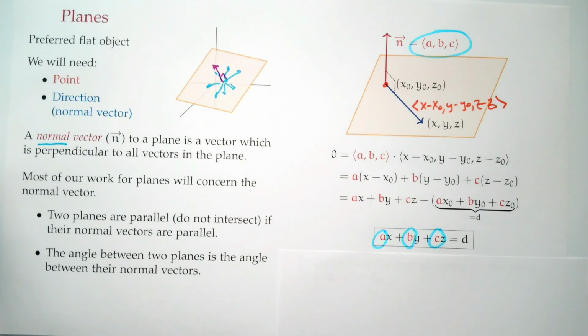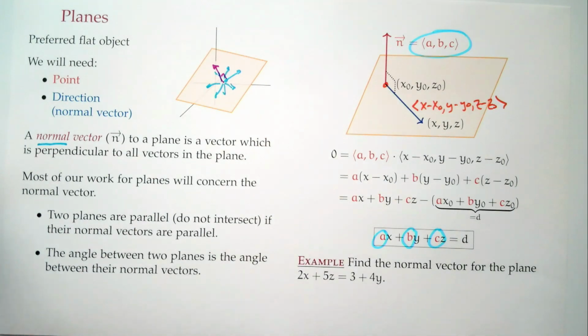So normal vectors are really easy to read off from formulas for planes. And if you have a normal vector, then it's easy to generate the plane. Because now you have the coefficients, you get the ax and by and cz, and then you plug in any point, and that helps you solve for d.